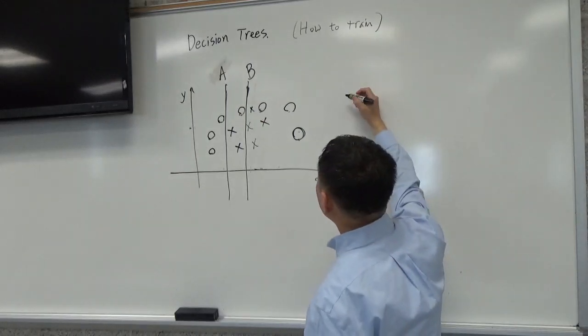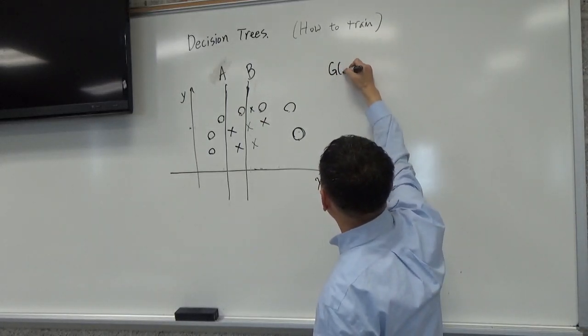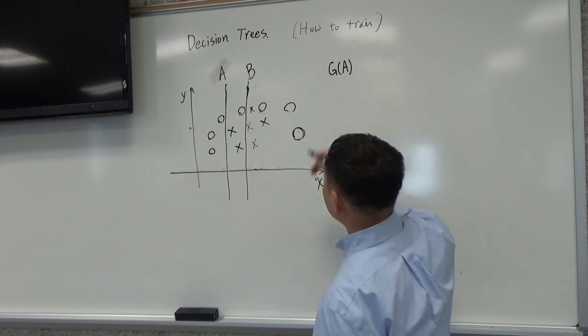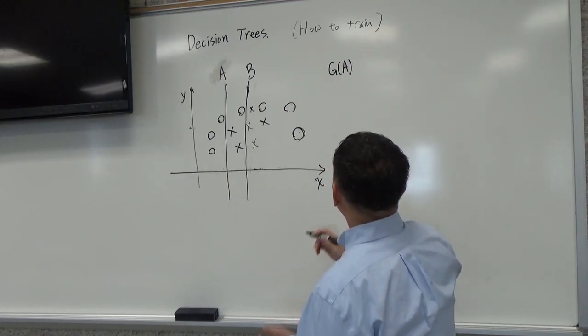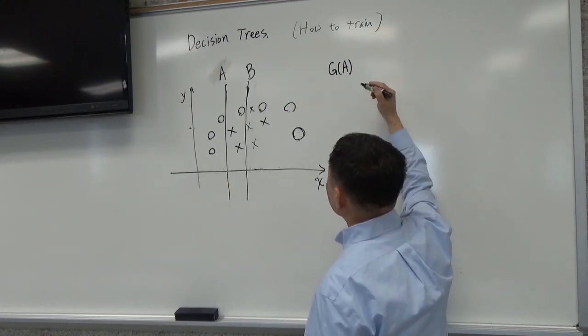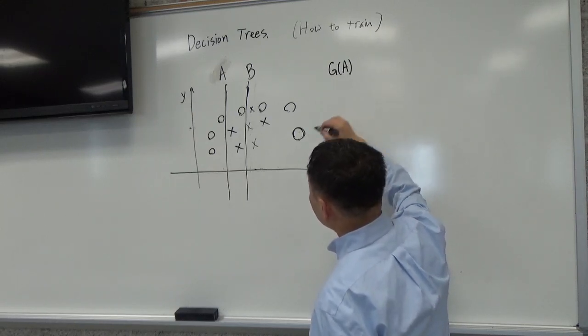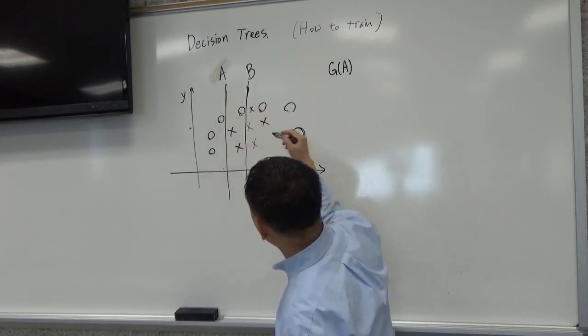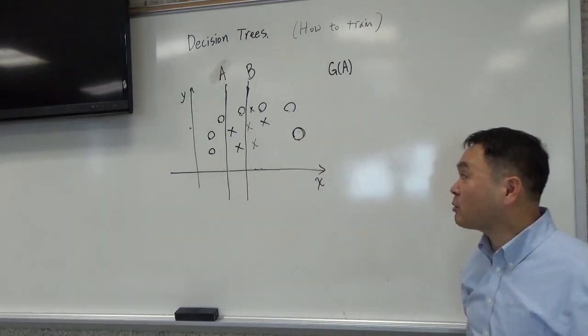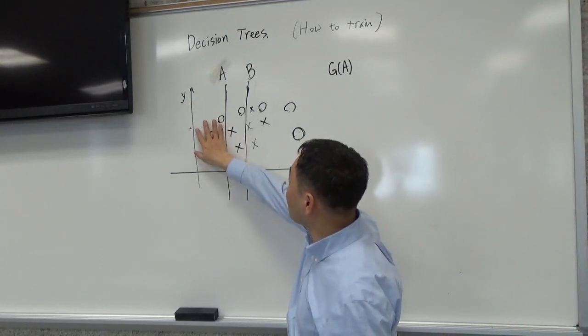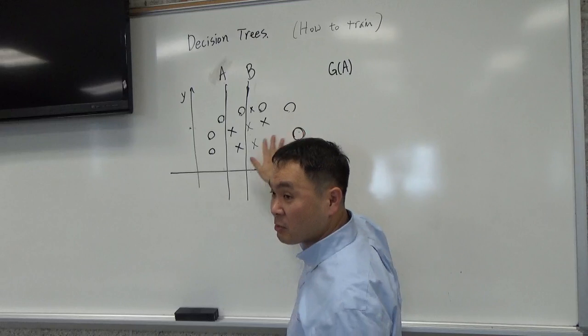So we're going to compute the Gini index for A. You've split it into one part and another part, so you actually have a Gini index for this left part and a Gini index for the right part.